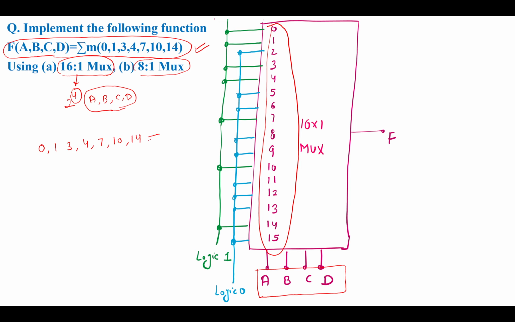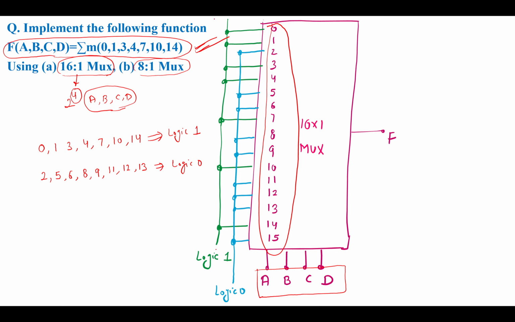These minterms you provide a logic 1 or the VCC supply. And what are the missing minterms here? The missing minterms are 2 5 6 8 9 11 12 and 13. These are the missing minterms in this function.